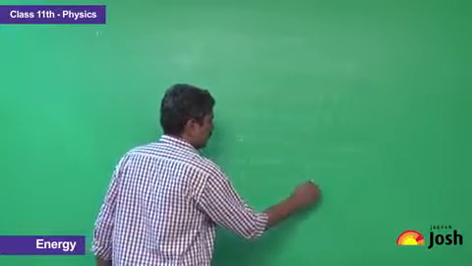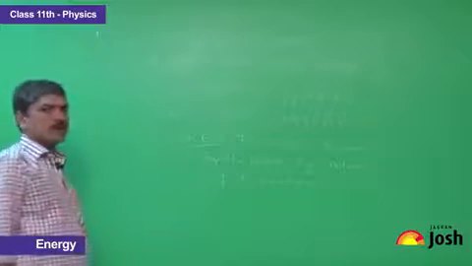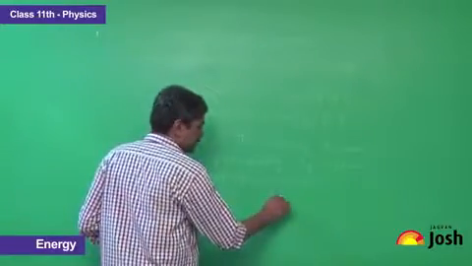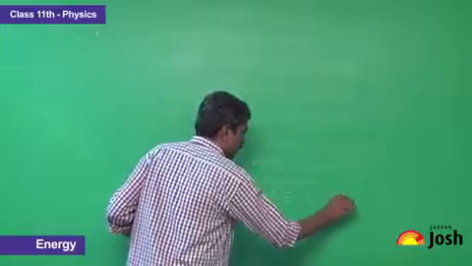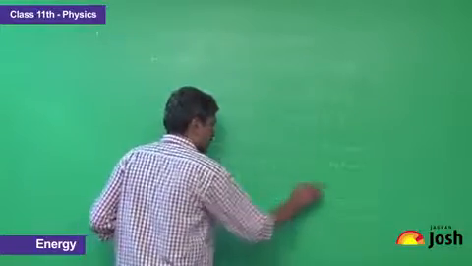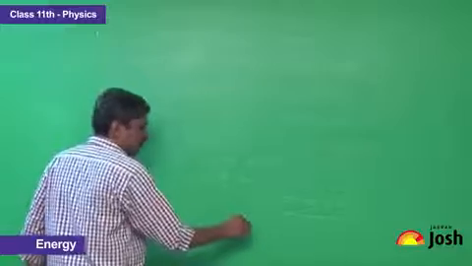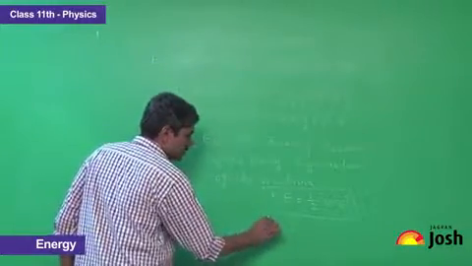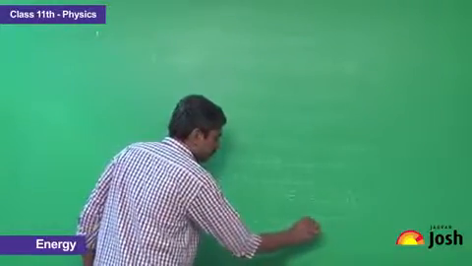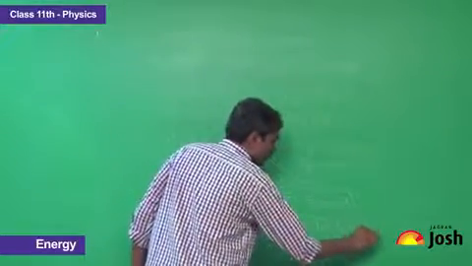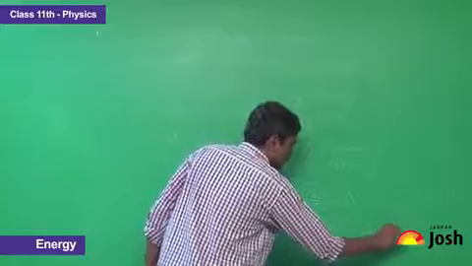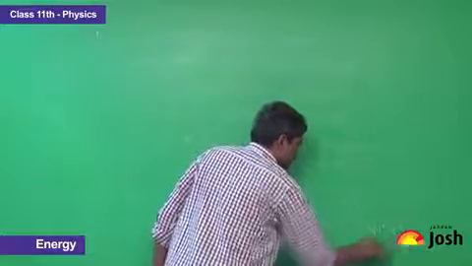By virtue of its motion is called kinetic energy. Mathematically, kinetic energy is equal to half mv square. It has the same unit as work, that is joule, and the dimensional formula is M L square T minus 2.